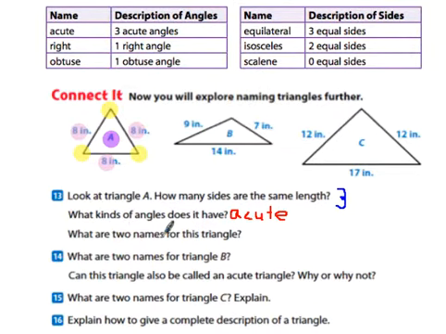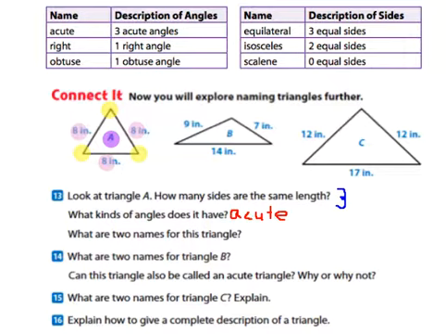So what are the 2 names for this triangle? We know that we can name a triangle based on its angles and based on its sides. There are 2 names for every triangle. You can put them together, okay? So if a triangle has 3 sides that are the same length, what do you call that type of triangle?